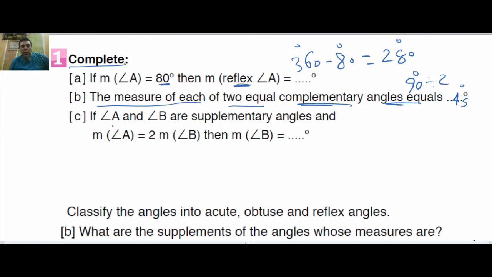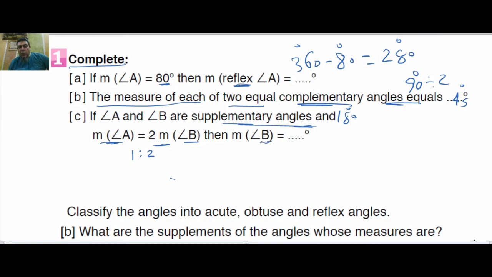If angles A and B are supplementary angles, their sum equals 180 degrees. The ratio between measure of angle A to angle B is 1 to 2.